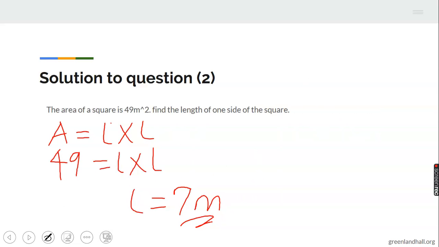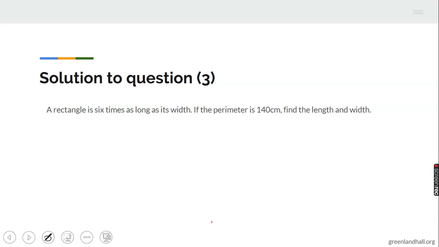The next question: a rectangle is 6 times as long as its width. If the perimeter is 140, find the length and width.